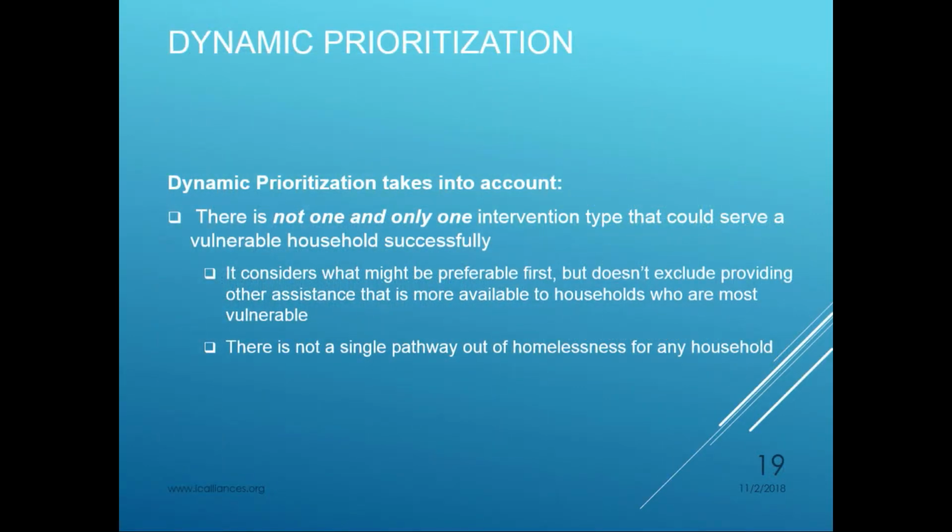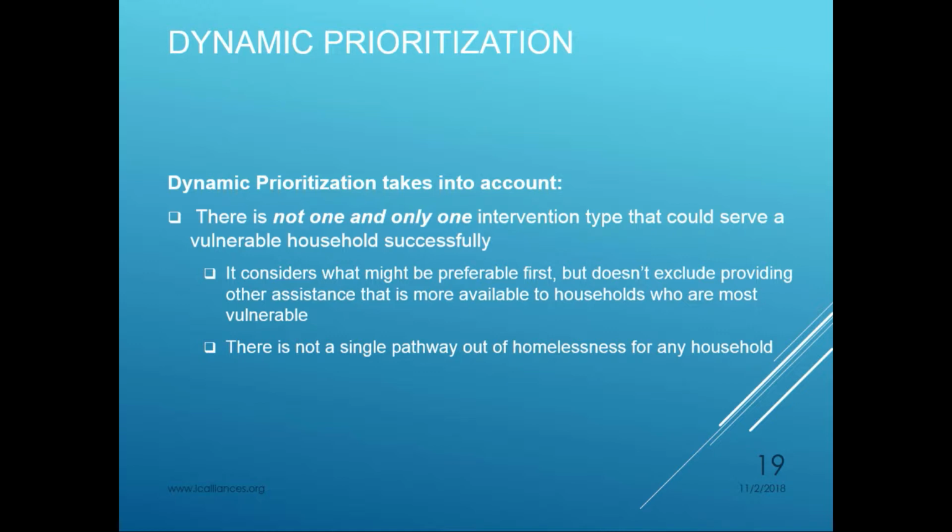So dynamic prioritization takes into account that there is not one and only one intervention that could be successful for the given household. It considers what might be preferable first, but it doesn't exclude providing other assistance that is available, more readily available, to those who have high needs and are highly vulnerable. It takes into account the dynamic changing nature of the households who have been prioritized, as well as the availability of resources in the community.